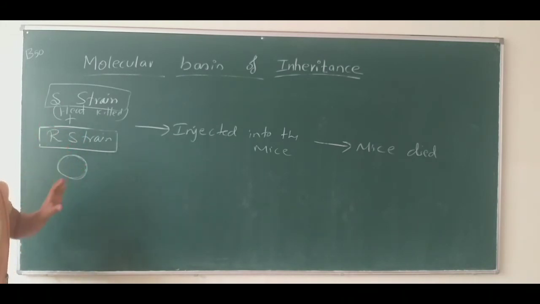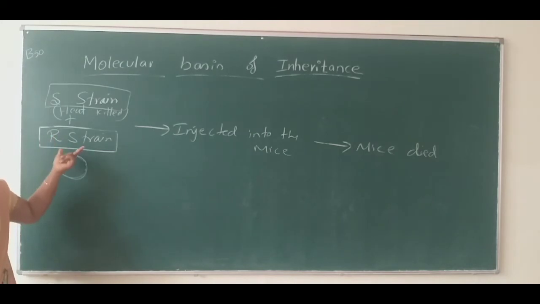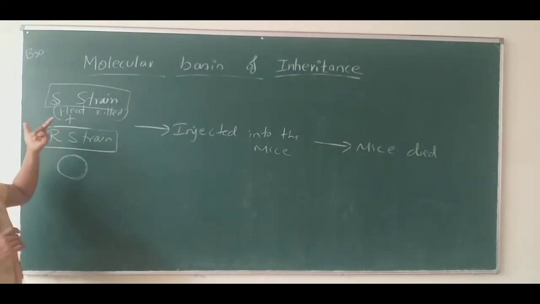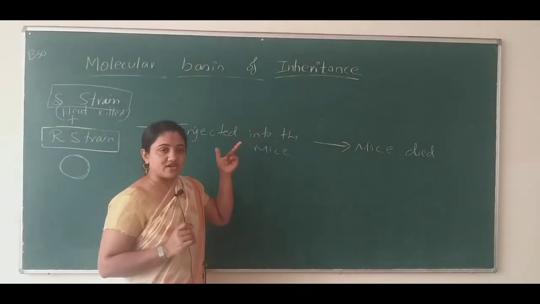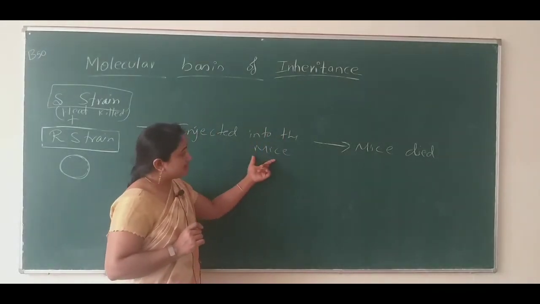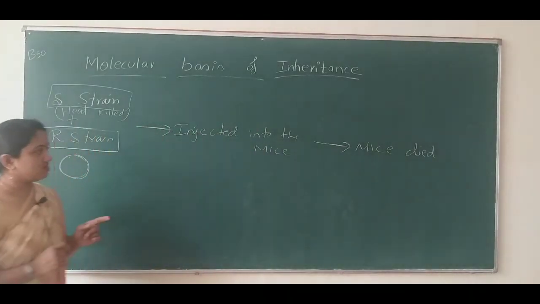So that is nothing but transformation of genetic material. When that virulent R strain bacteria was injected, the mice died. So that is the procedure.